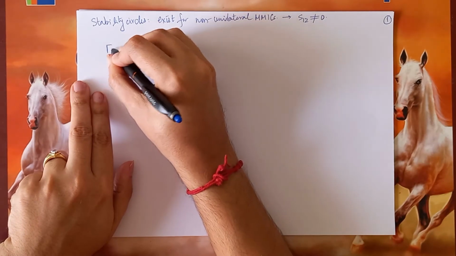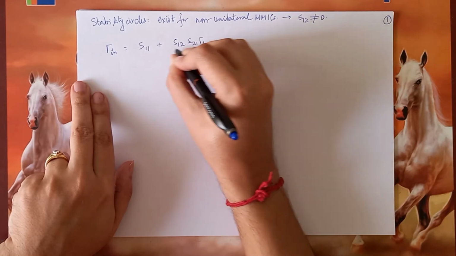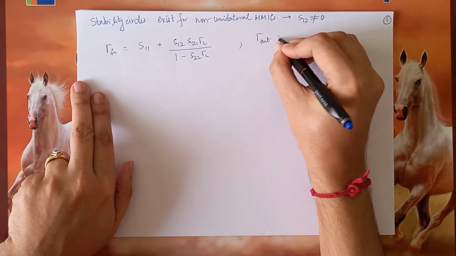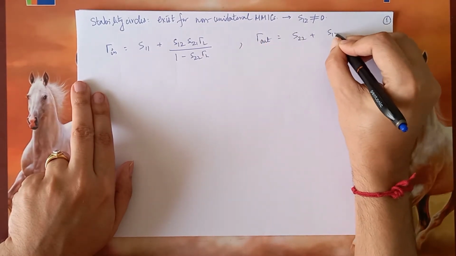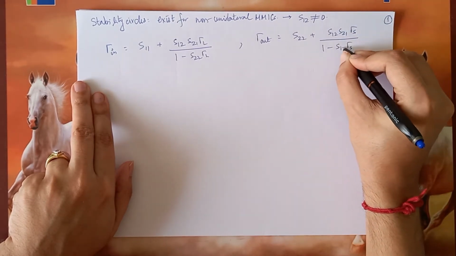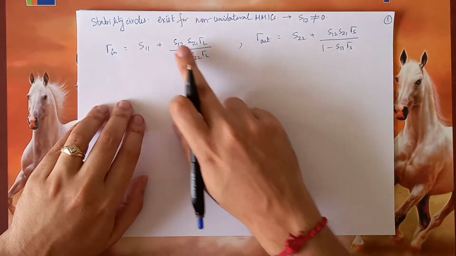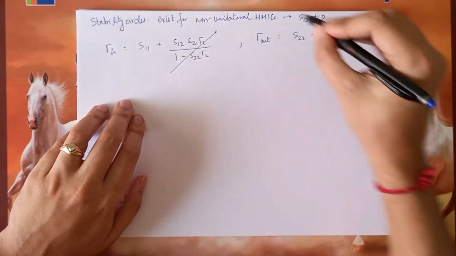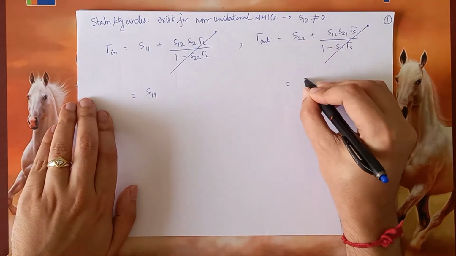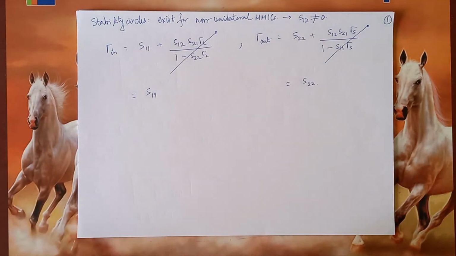As you know, gamma in is S11 plus S12 S21 gamma L divided by 1 minus S22 gamma L, and gamma out is equal to S22 plus S12 S21 gamma S divided by 1 minus S11 gamma S. But for the unilateral case, if S12 becomes 0, then the entire second term for both vanishes. So gamma in becomes equal to S11 and gamma out becomes equal to S22. Therefore, whatever the source and load impedance, it just cannot affect the stability.